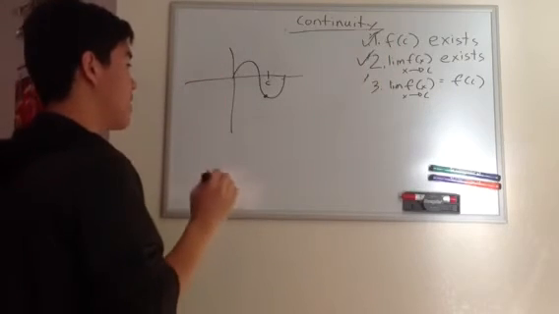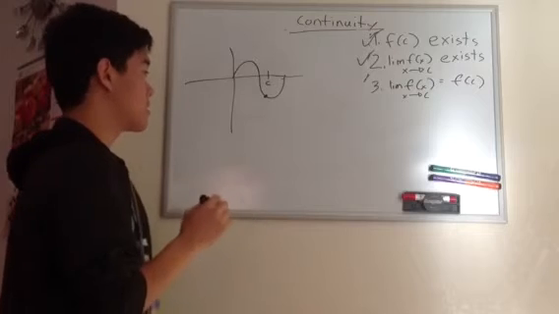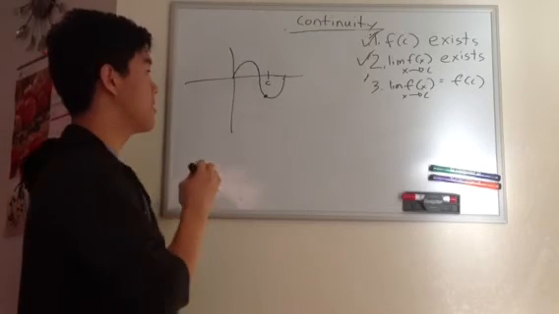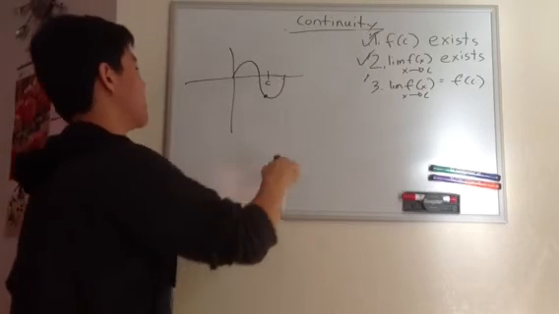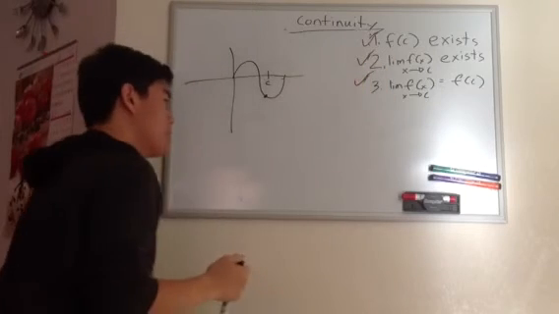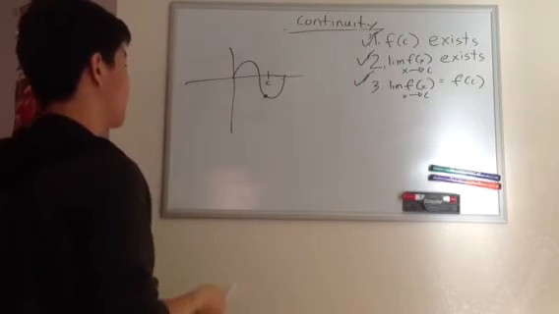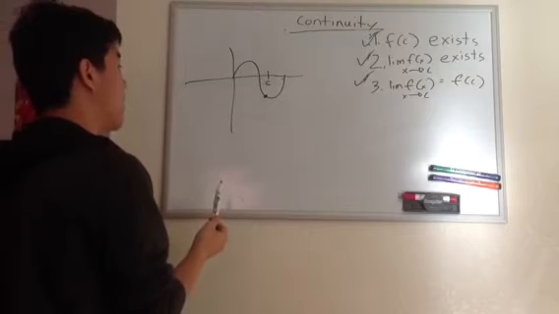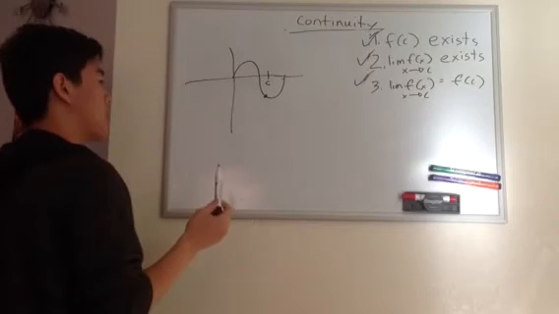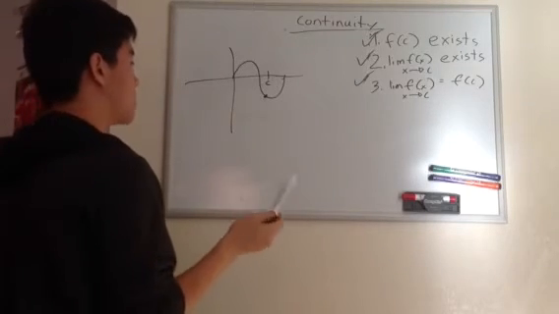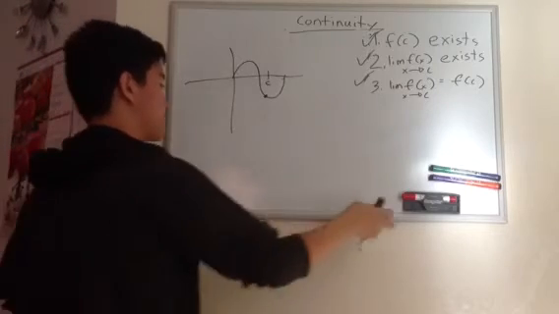Now, does the limit of f of x as x approaches c equal f of c? I think it does. So unlike our past three examples, in this one we can see that the limit of f of x as x approaches c equals f of c, therefore it's continuous.